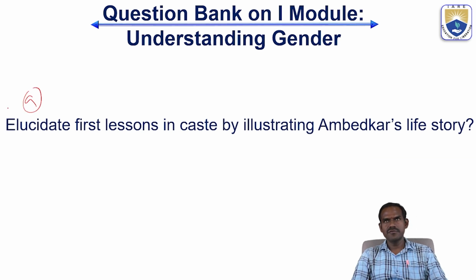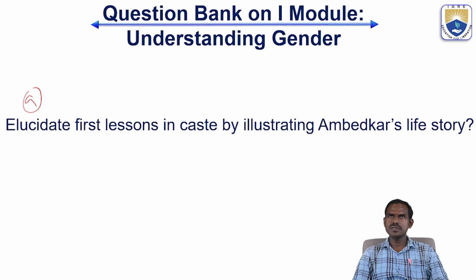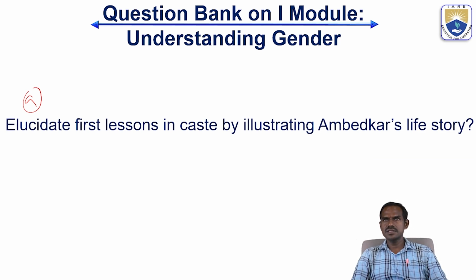Elucidate first lessons in caste by illustrating Ambedkar's life story. What should be taught as a first lesson to the child? Every child should learn the first lesson in caste, meaning one should be respectful with respect to caste.